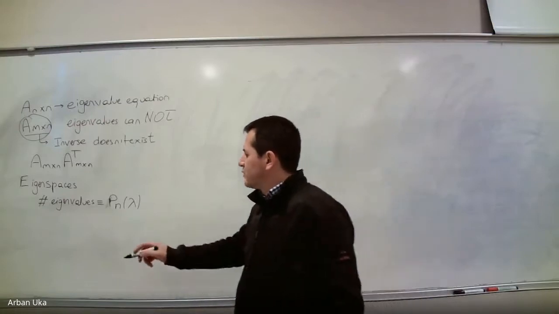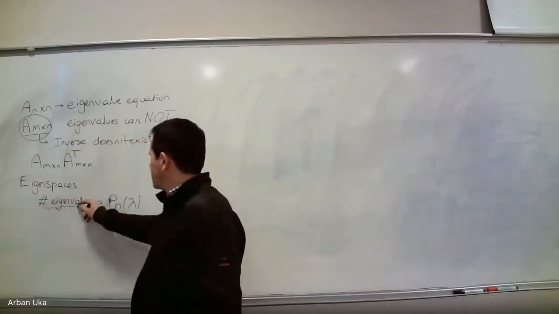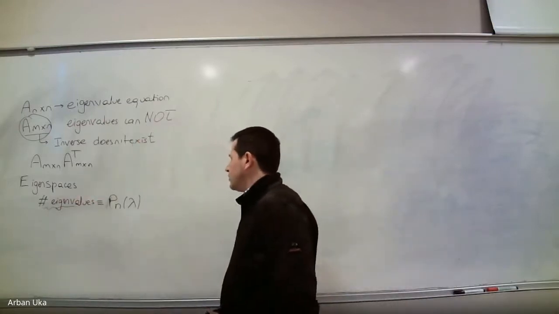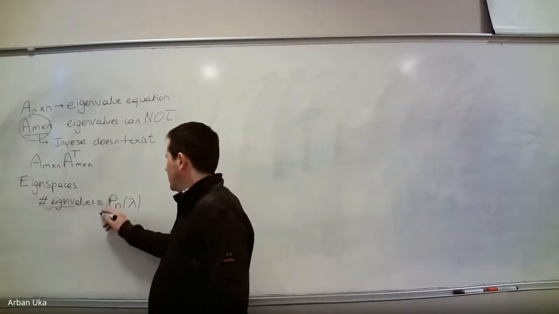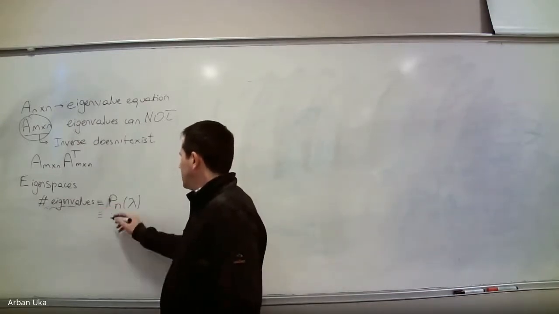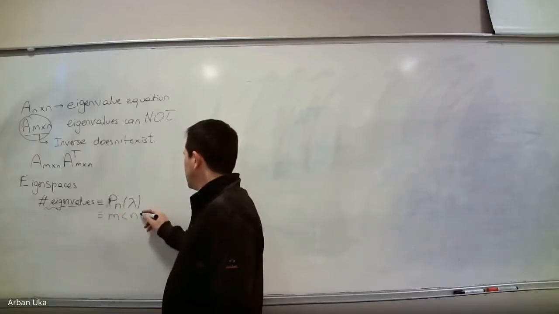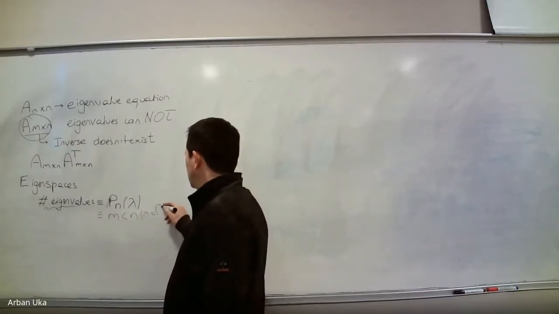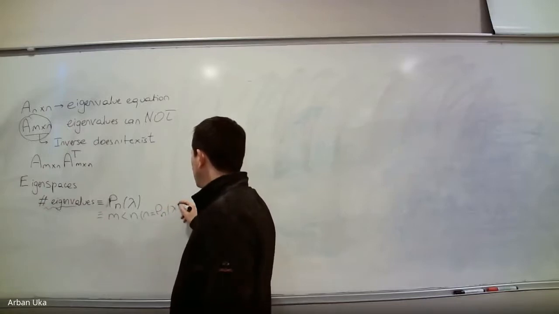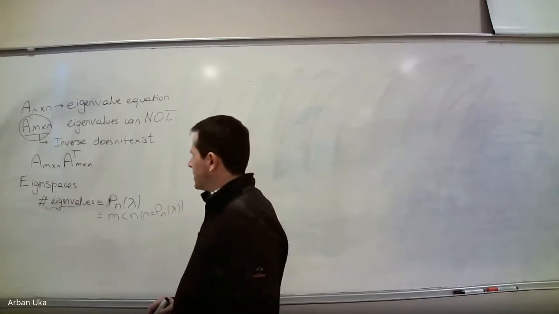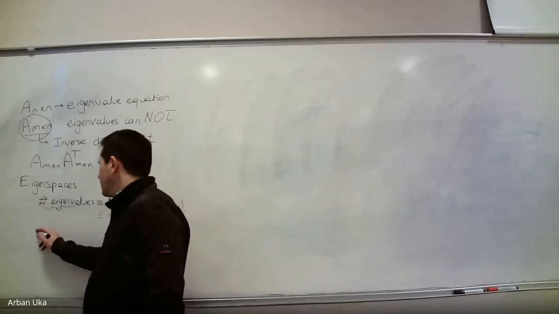So this is what you said. The number of eigenvalues is related to the polynomial. This is one option. Or the number of eigenvalues can be m smaller than n, where n is the order of the polynomial. Because you are right, sometimes we might get a polynomial like this.